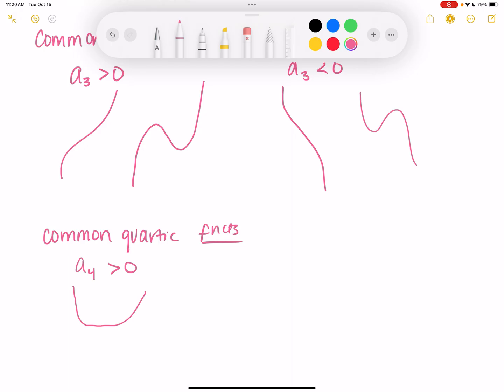Or it might even look like a W, where it's turning around 3 times. If a sub 4 is less than 0, so it's negative, it can be upside down. So like this, it's still kind of flat, but it has that little dip. That's just another visual of what you could see. Or it can be basically an M instead.